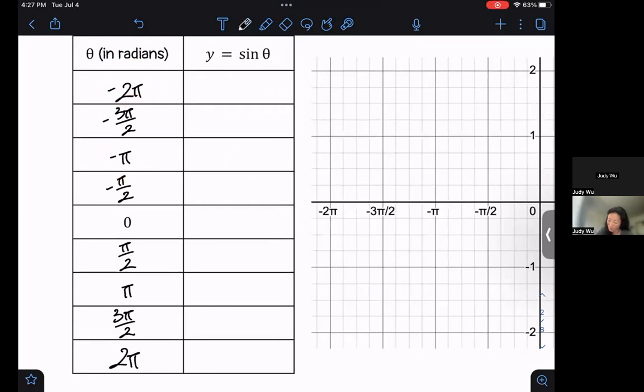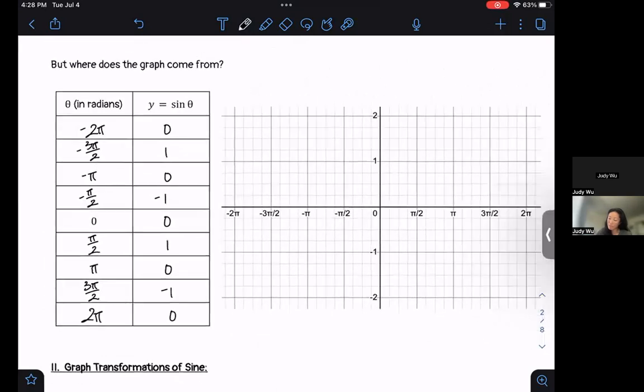I'll get 0, 1, 0, negative 1, 0. If I go one way around the unit circle. But if I go in the negative direction, I'll actually get the following: negative 1, 0, 1, 0.